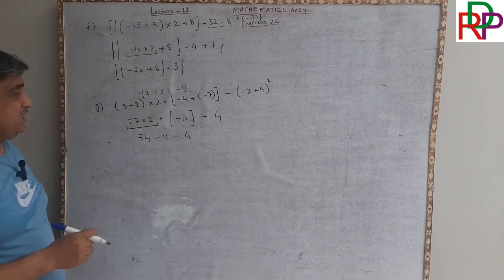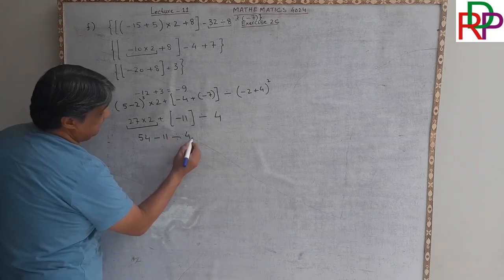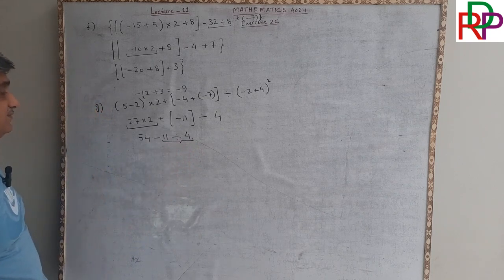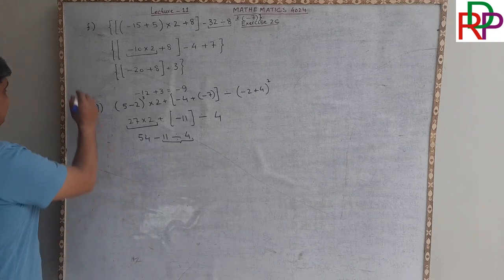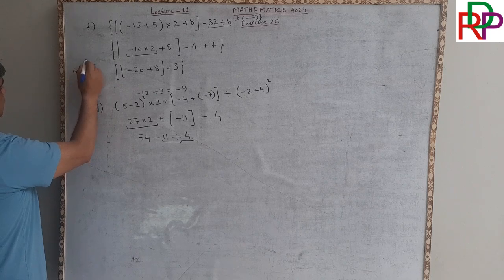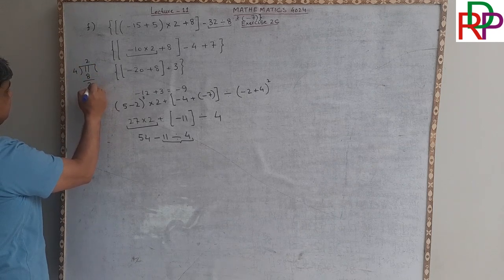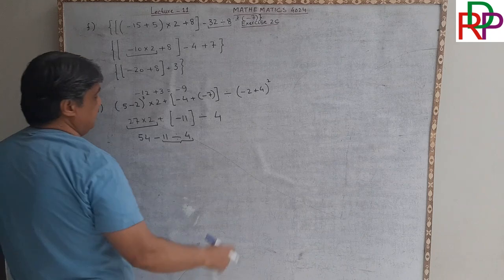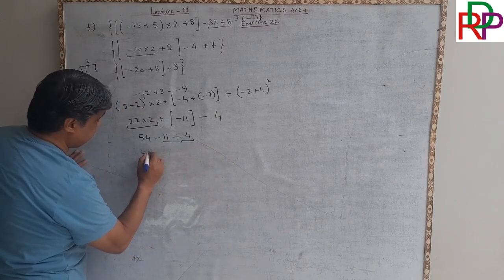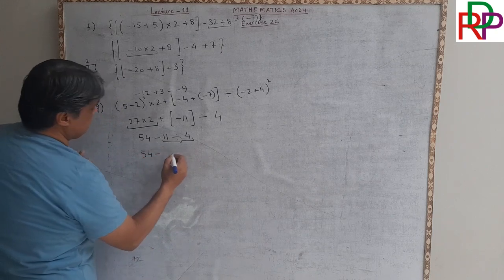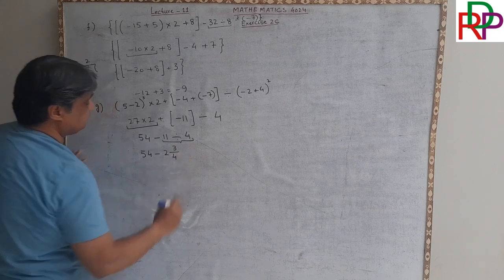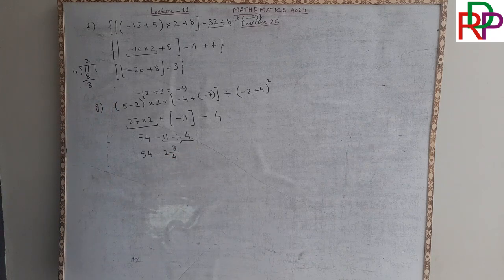So first we have to divide this 11 by 4, and when we divide 11 by 4, 4 twos are 8 and 3 remains. So it means that 54 minus 2 whole 3 over 4. You have to write this.